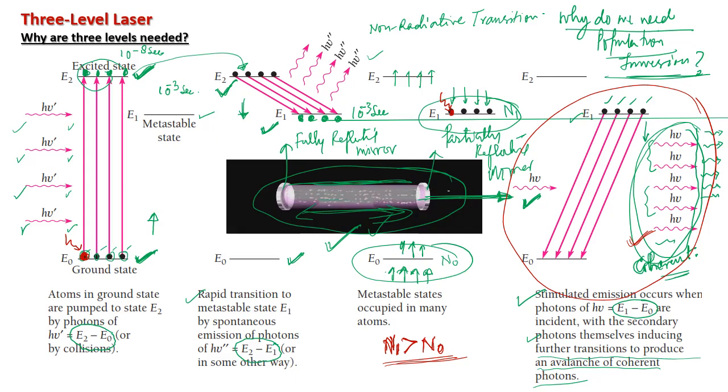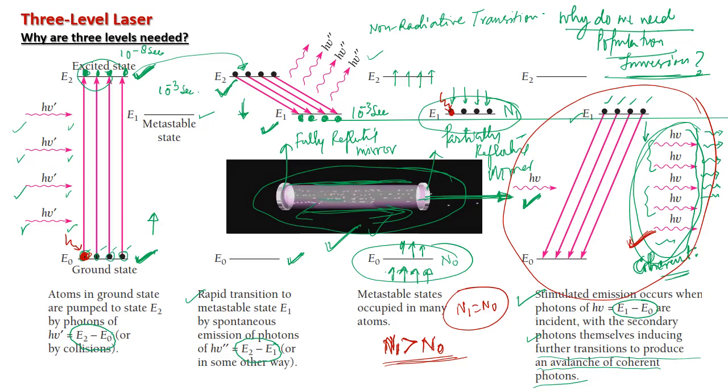So if the number of atoms is the same, if n1 equals n2, then there will be no enhancement of the photons, because the number of photons used in the stimulated emission is equal to the number of photons absorbed by the atoms in the ground state. And so we are not going to get more photons in the final state.